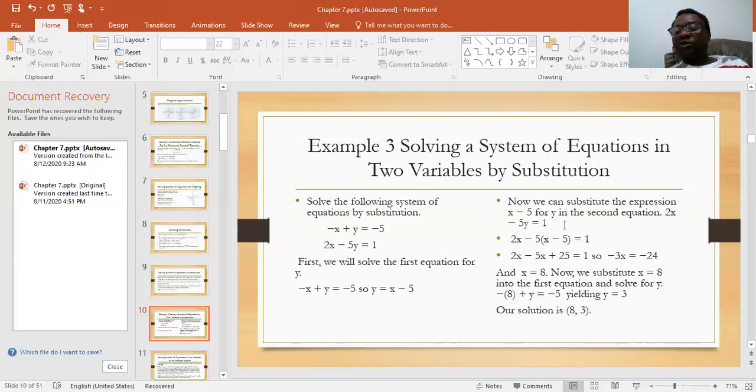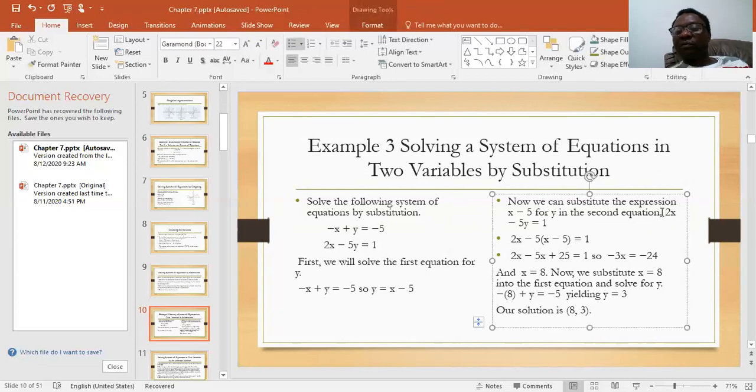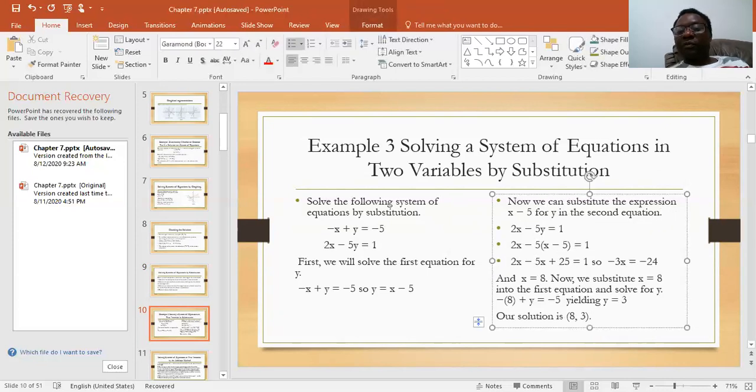Then we are going to substitute that into the second equation, 2x minus 5y equals 1. So we substitute y by x minus 5, and we end up with 2x minus 5x plus 25 equals 1. That is minus 3x equals minus 24. So x equals 8.